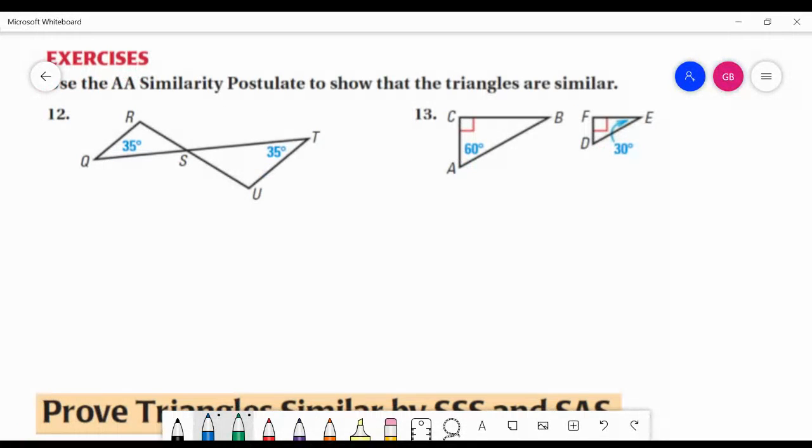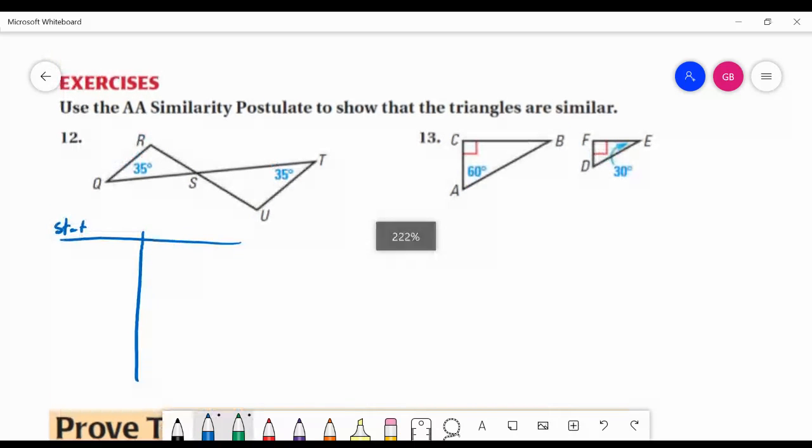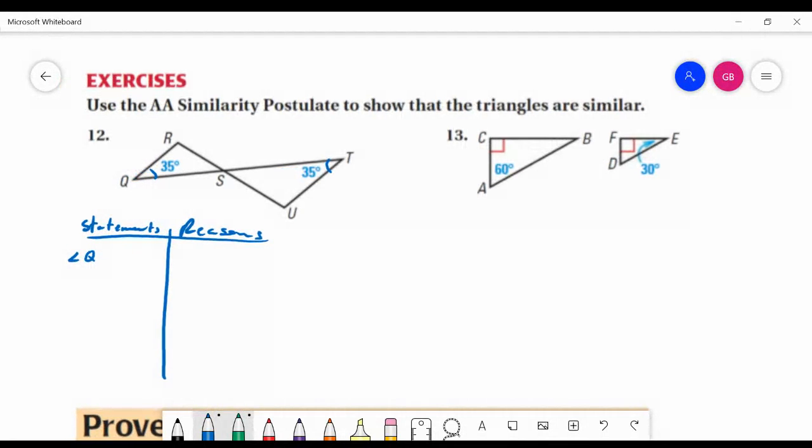Let's try it with this one. Statement, reasons. Okay, first, it's given that angle Q and angle T are congruent. Okay, that's given.